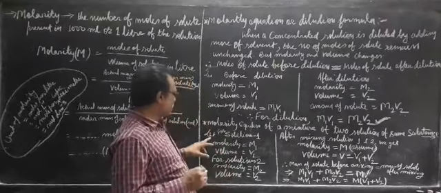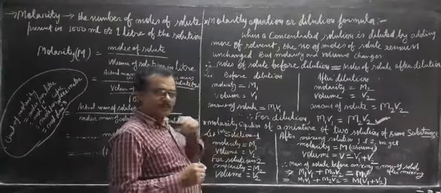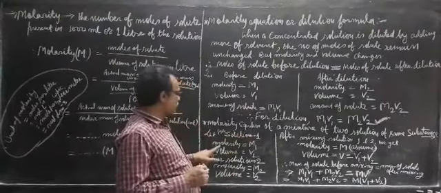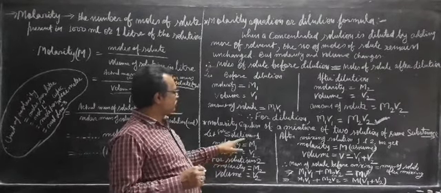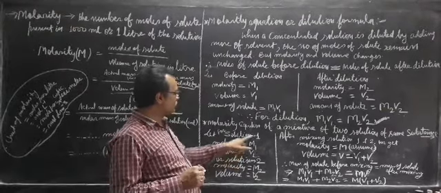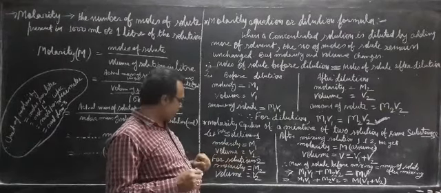Now start. First of all, we take solution number 1. The molarity of solution 1 is M1 and its volume is V1.